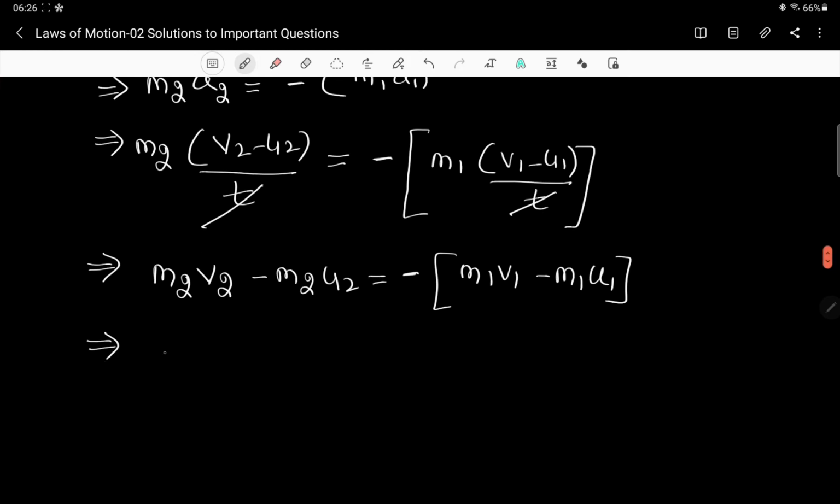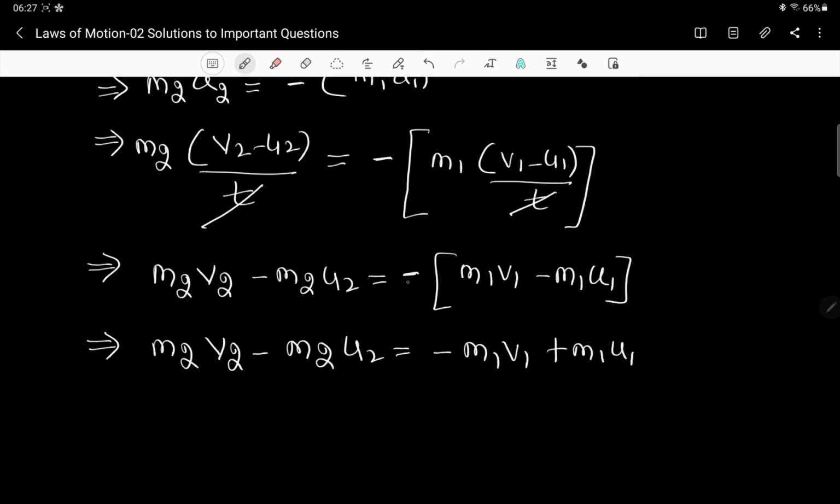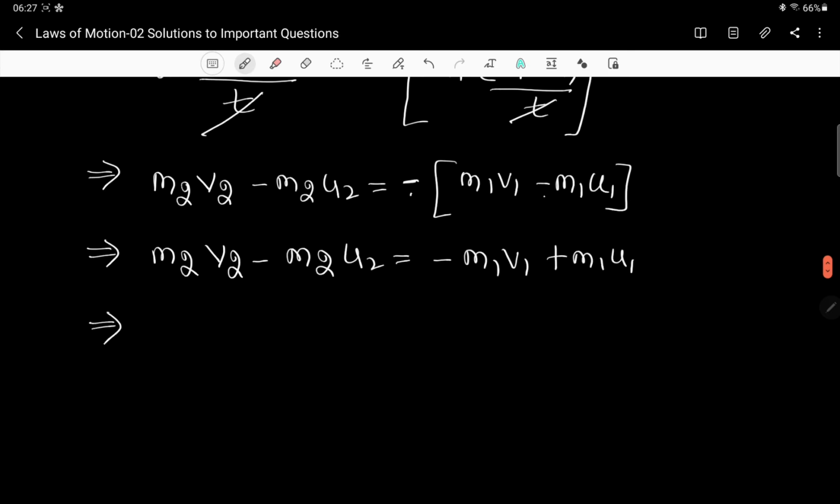Then m2 v2 minus m2 u2 is equal to minus m1 v1 plus m1 u1, correct? Minus into minus is plus. Let me keep this m2 v2 this side. Bring minus m1 v1 this side, it becomes plus m1 v1, and that is equal to m1 u1.